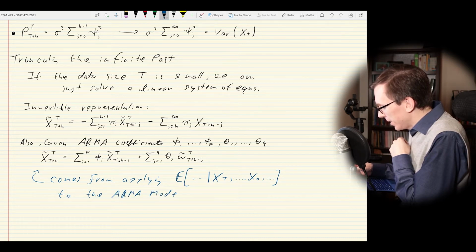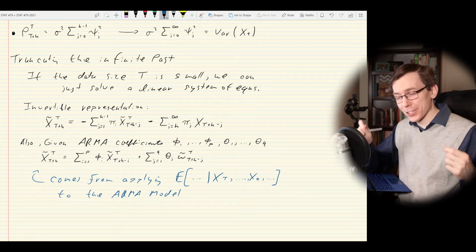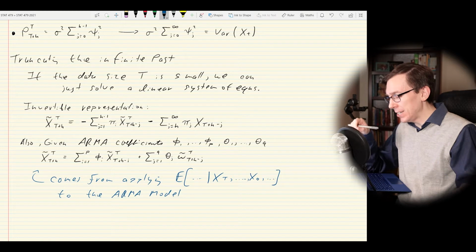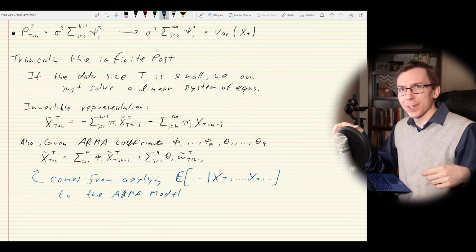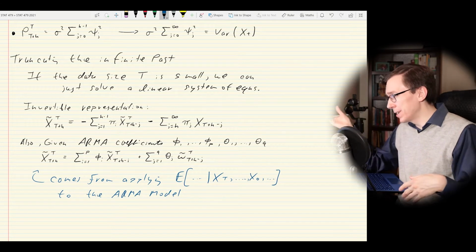So basically, what we did to get this equation here is we took the conditional expected value of each side, and we turned the terms x and w into x tilde and w tilde.